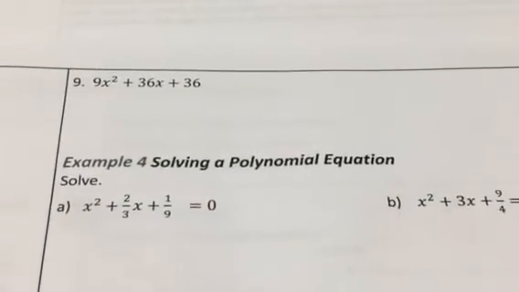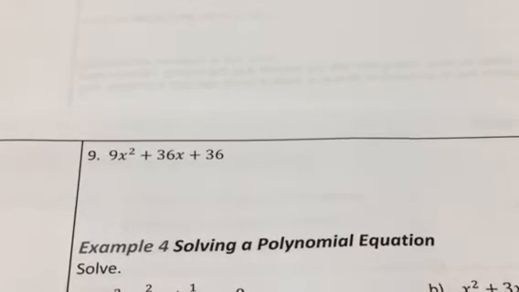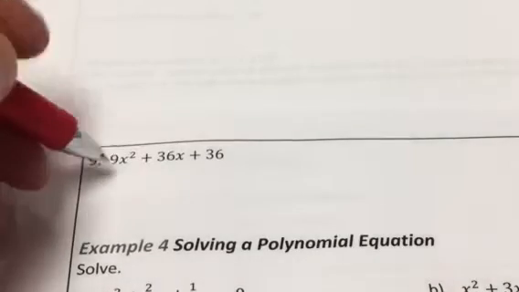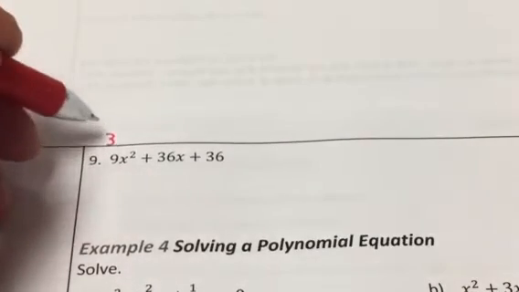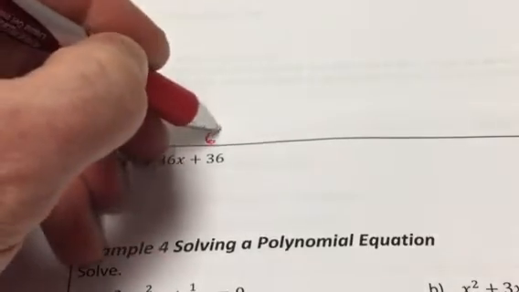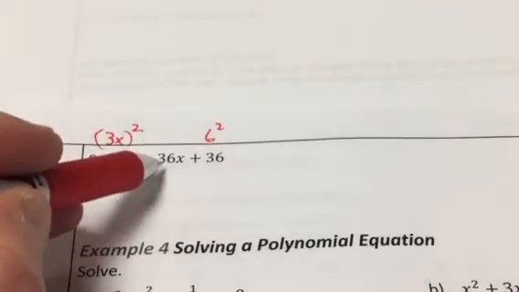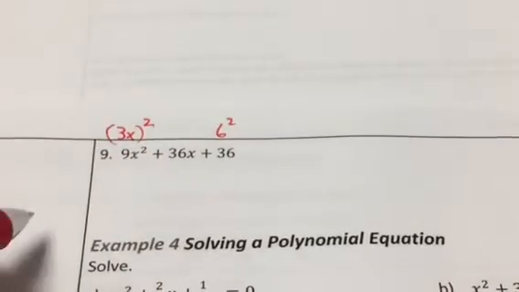Okay, and on number 9, on the other side at the top of the page, this is 3x squared. This is 6 squared. 3 times 6 is 18, and if you double that, you get 36.